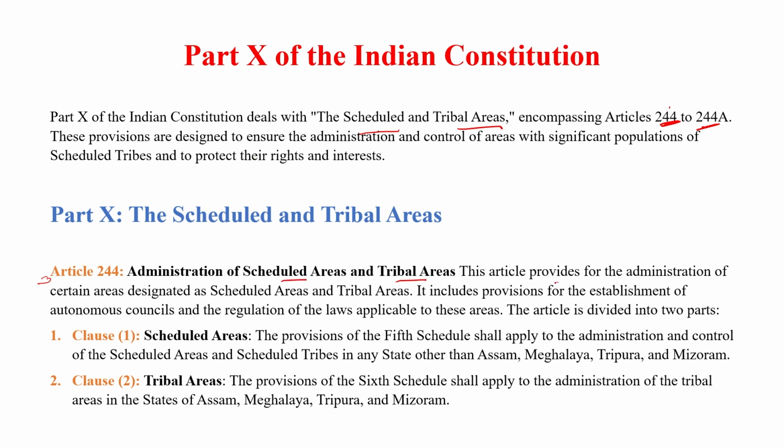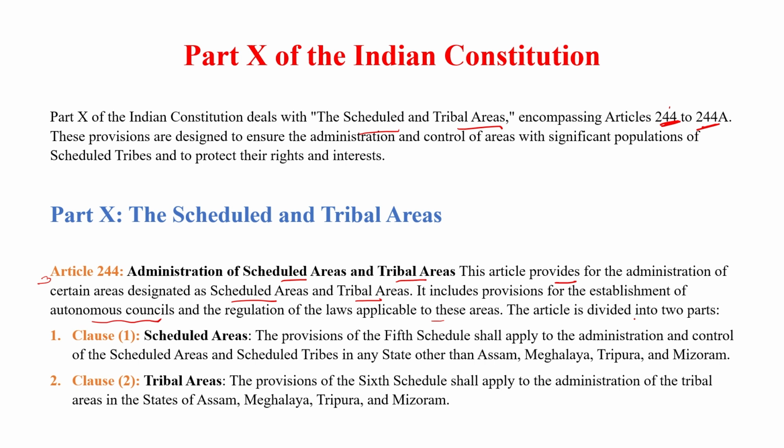This article provides for the administration of certain areas designated as scheduled areas and scheduled tribes. It also includes provision for the establishment of autonomous councils and the regulation of law applicable to these areas. It talks about the establishment of some council or regulatory body which will work for the regulation and formation of law for the scheduled castes and tribal areas.